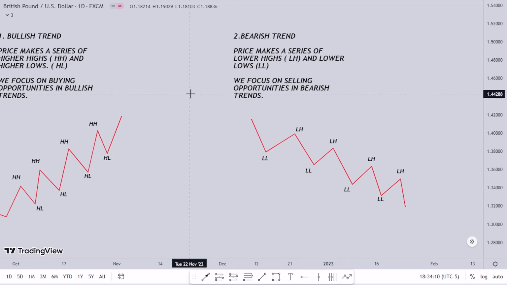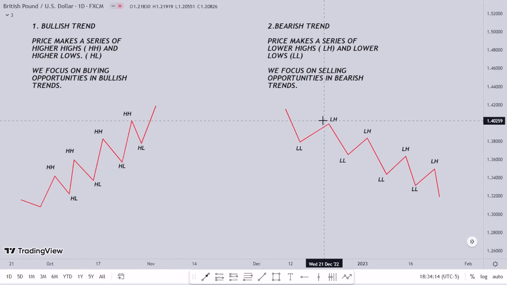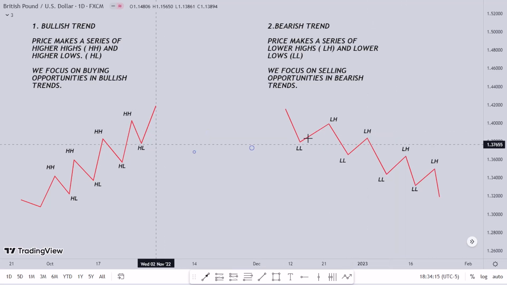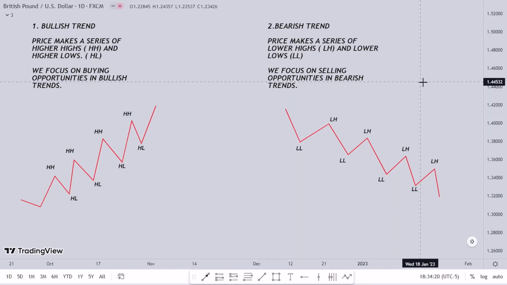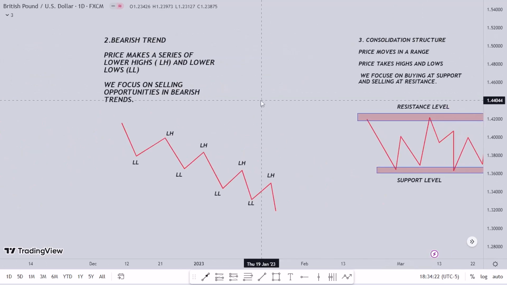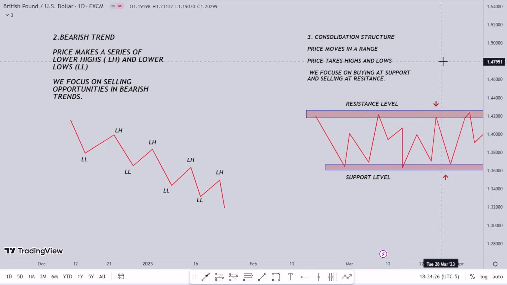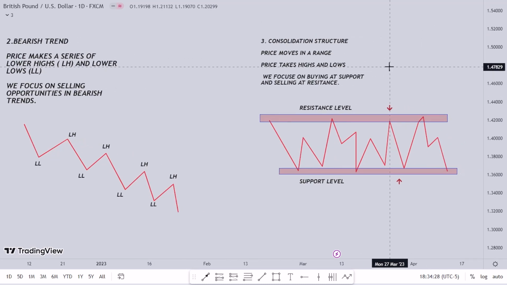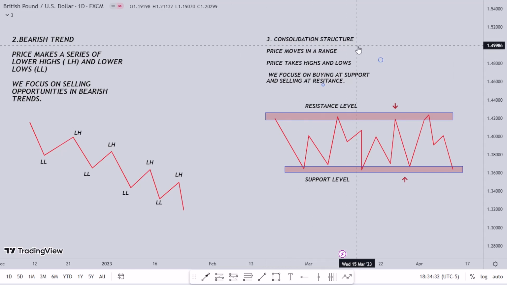Now, market would not always be going sustainably up or sustainably low like you see in this case. Sometimes market will simply have no direction, and that leads us to what? Consolidating structure or consolidating market. Okay, simply a consolidating structure, price moves in a range.